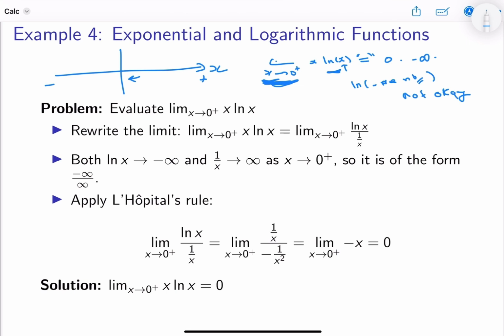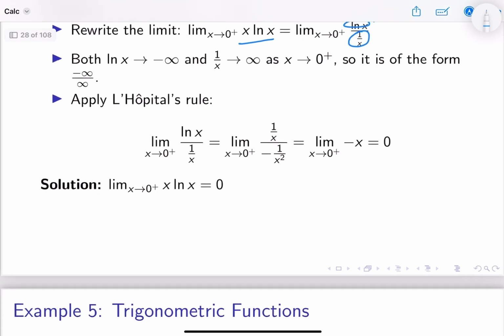So what we're going to do is use L'Hopital's rule by doing a little modification to this problem. Namely, we're going to write x ln x as ln x over 1 over x, because when we divide by it in the denominator, it's the same as multiplying by it. And this is an important trick.